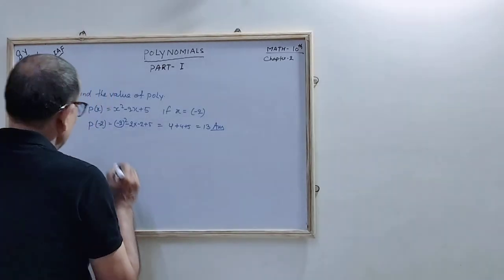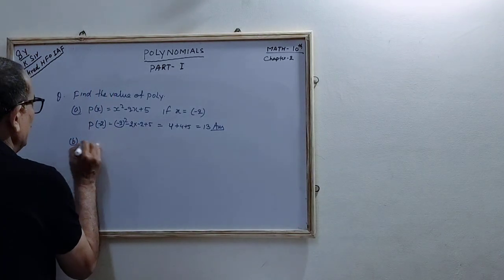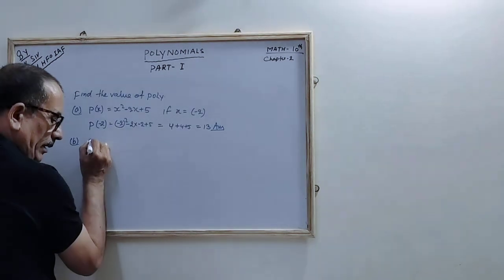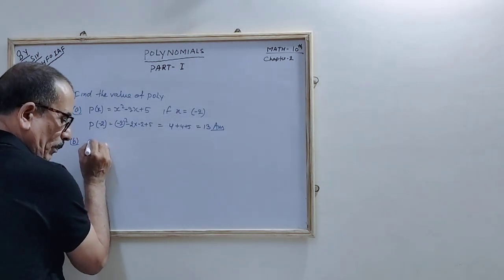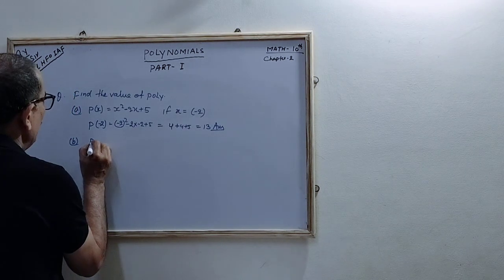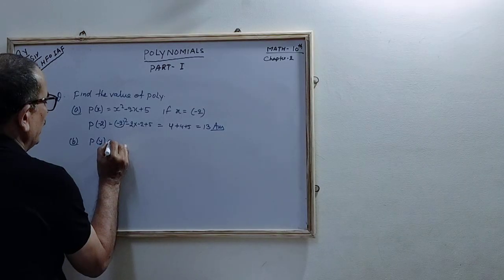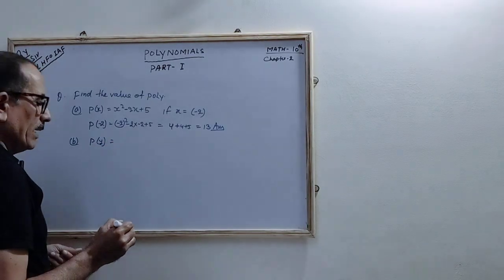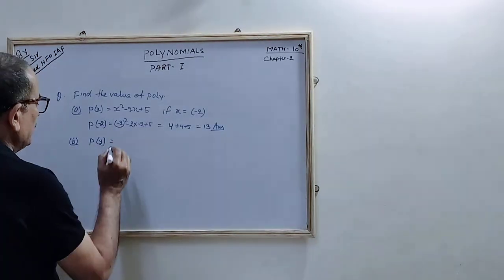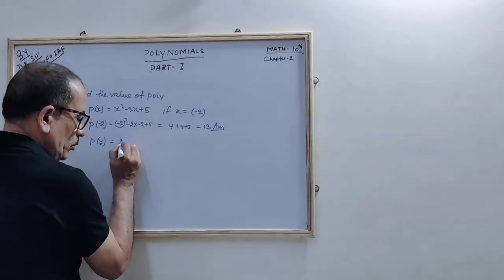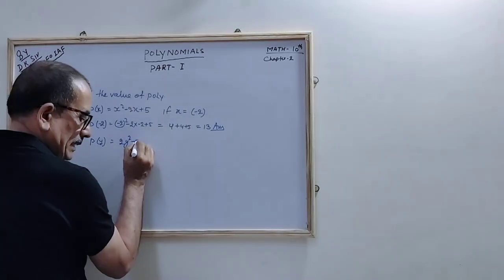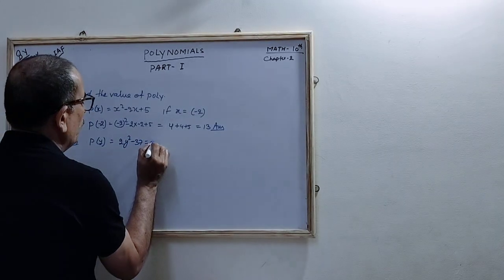The next, again I'll ask another question. Suppose p(y) is a polynomial of the single variable y. The question given is 2y square minus 3y minus 7 is equal to minus 7.